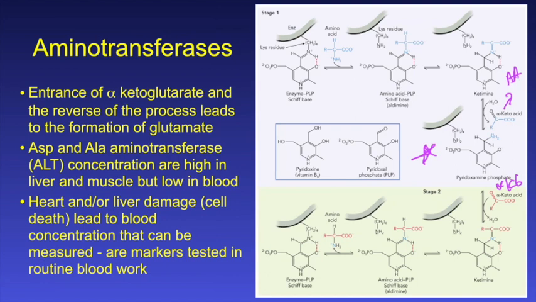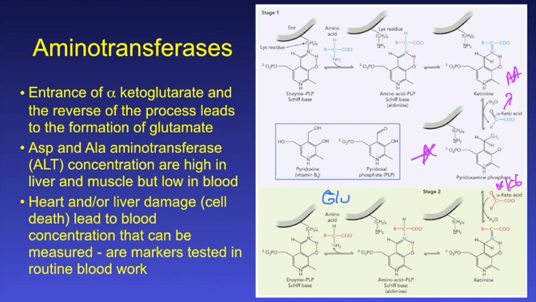It will do the reverse steps, and the specific amino acid that comes off here is glutamate in stage 2. Okay, that is a whole lot of work to move this around.